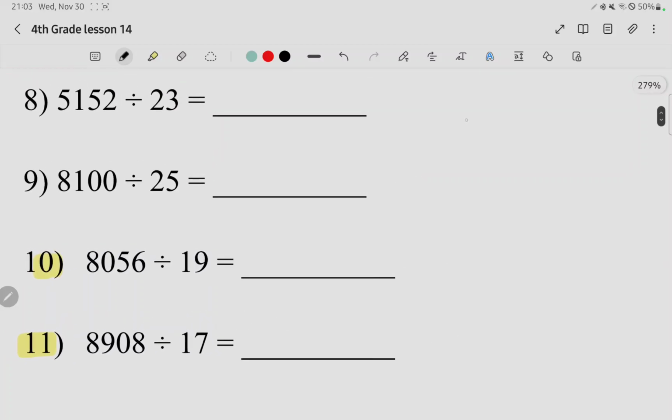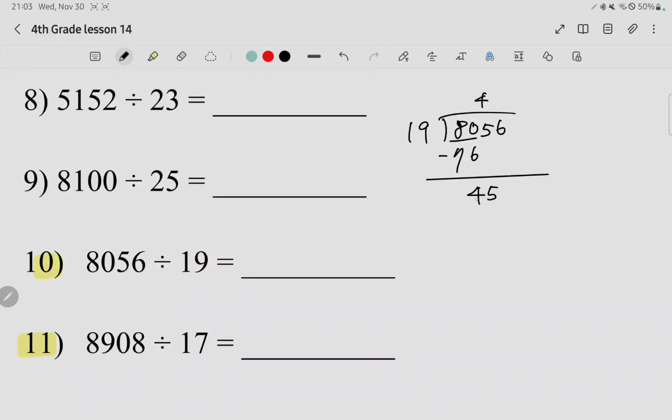Number 10. 8056 divided by 19. So 19 can go into 80 4 times. So this will become 76. If you subtract, then this will become 4, 5.